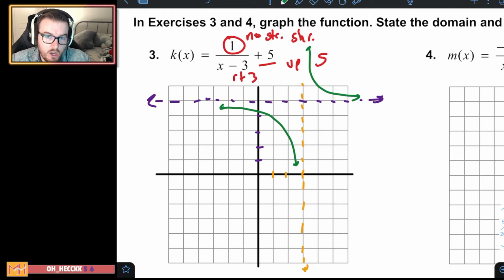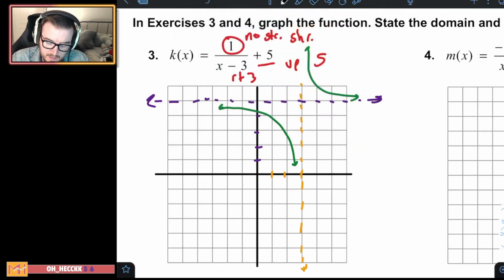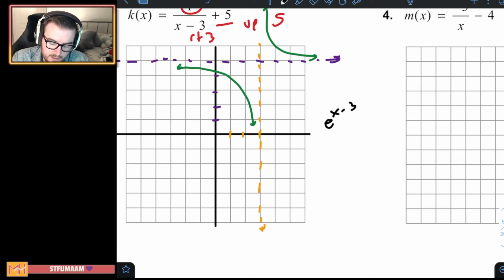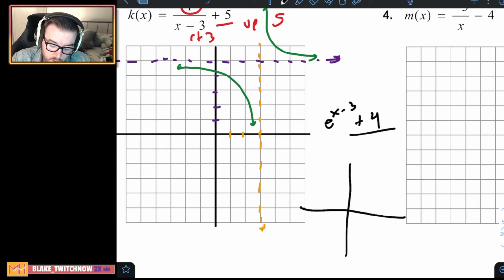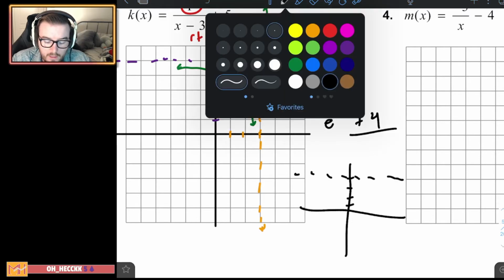Identical to the logarithms and the exponentials. When we graphed an exponential function like e to the x minus 3, and then plus 4, well, an exponential has a horizontal asymptote. So the horizontal asymptote got moved up 1, 2, 3, 4. There is no vertical asymptote.